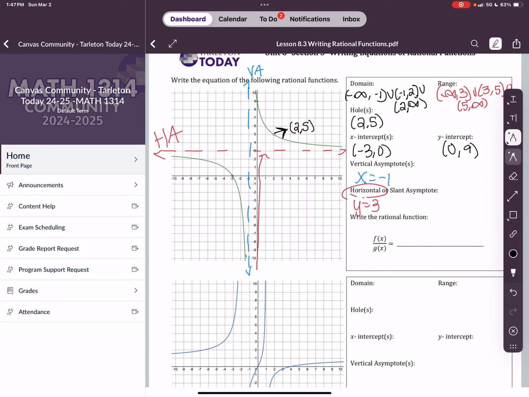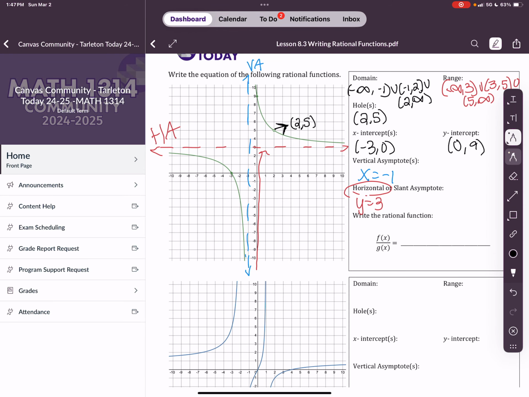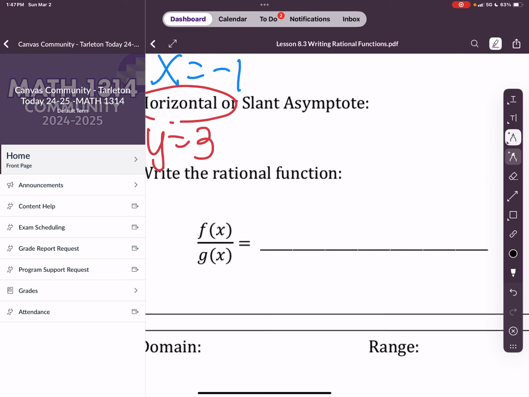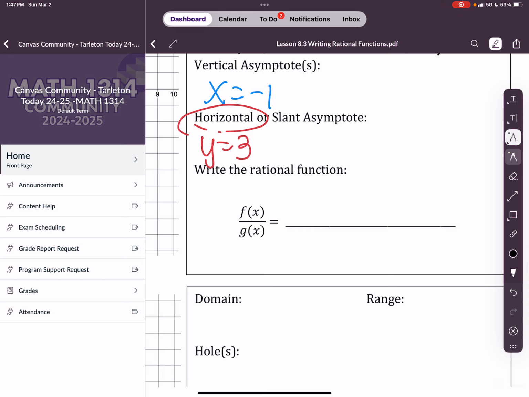Okay, now that I've got all that part filled out, let's talk about how we can write our rational function here. As a reminder, I'm going to make a note right here, as I did when I worked it out here.